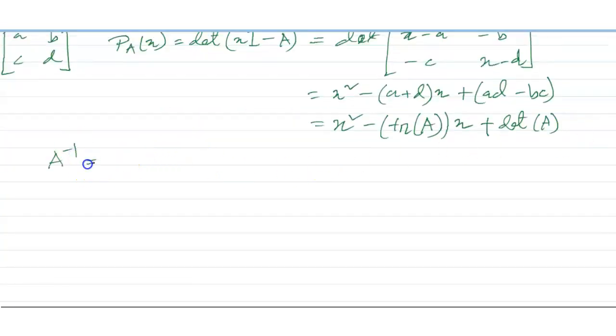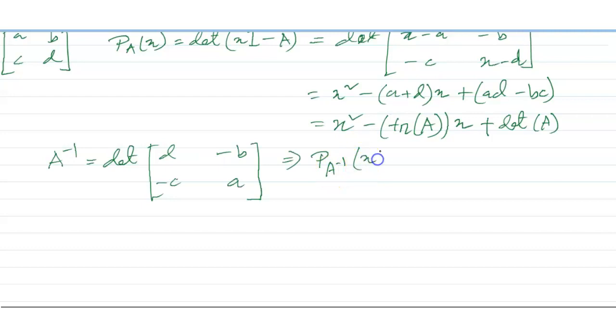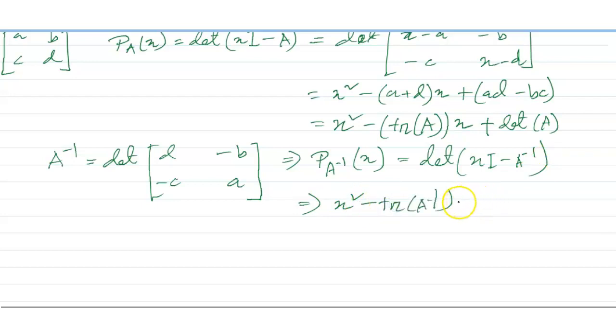The characteristic polynomial of A inverse, PA inverse(x), equals det of xI minus A inverse, equals x square minus trace of A inverse x plus det A inverse.